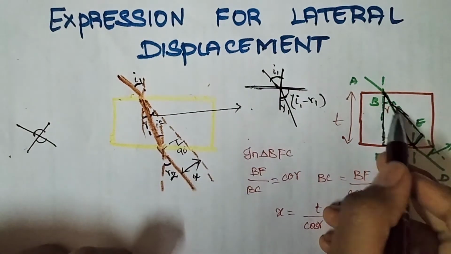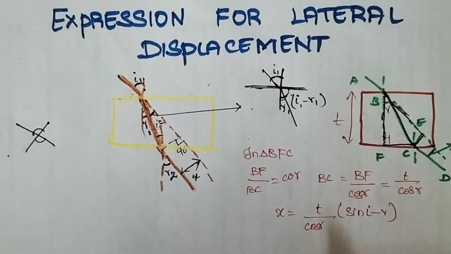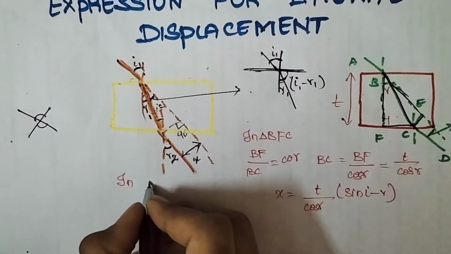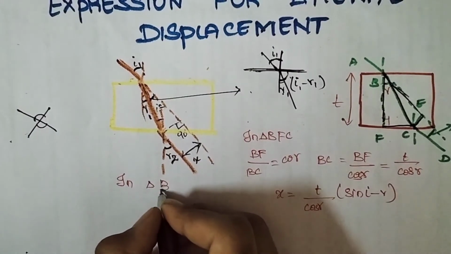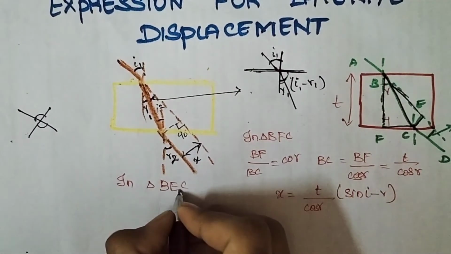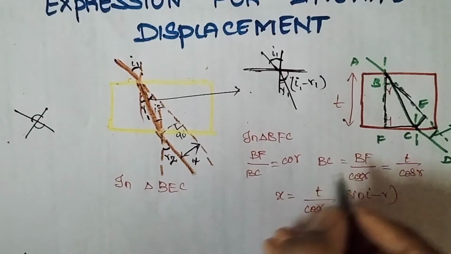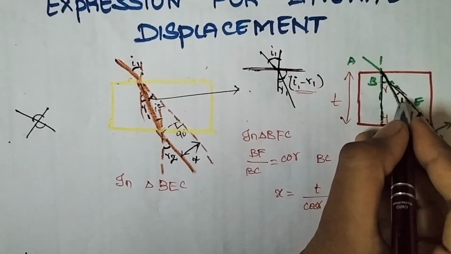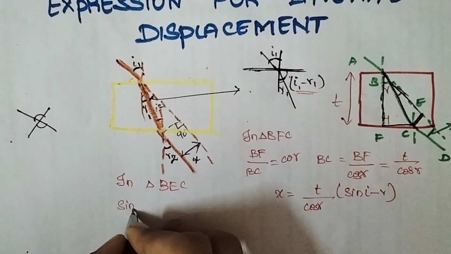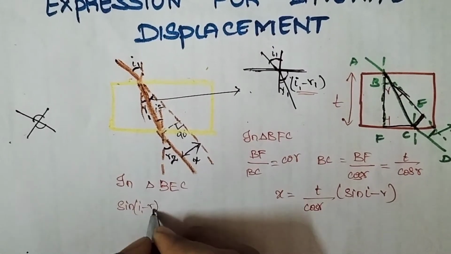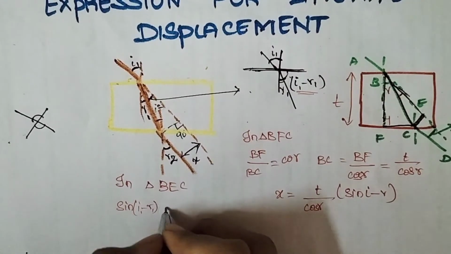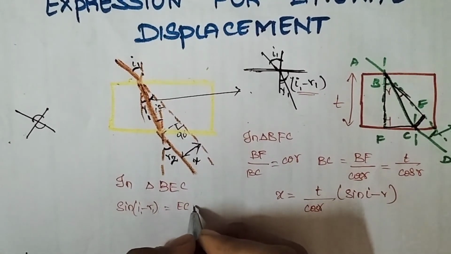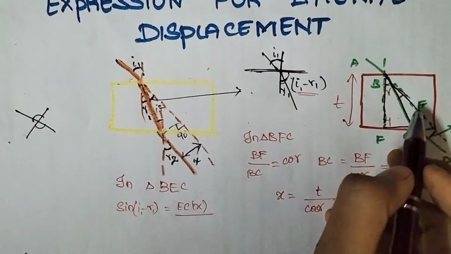I told you this triangle is also important. Here this triangle plays an important role. In triangle BEC, X is opposite. If you take this angle, I already explained what this angle is. So sine of I1 minus R1 will be written as opposite EC, that is X, by hypotenuse.